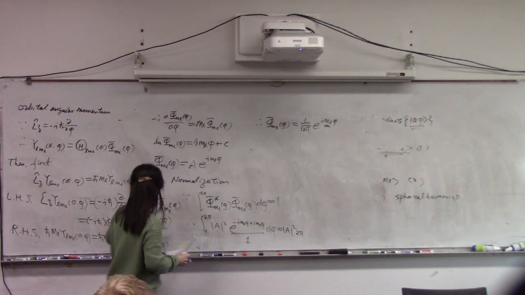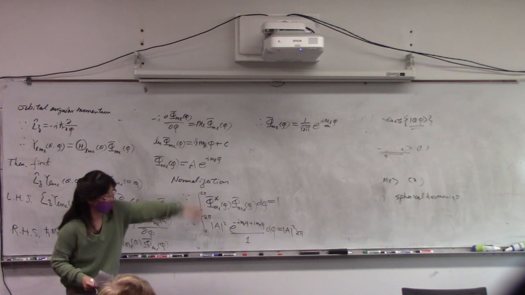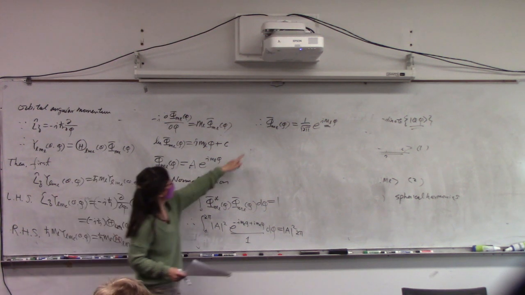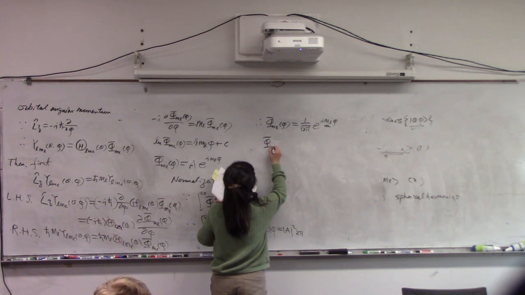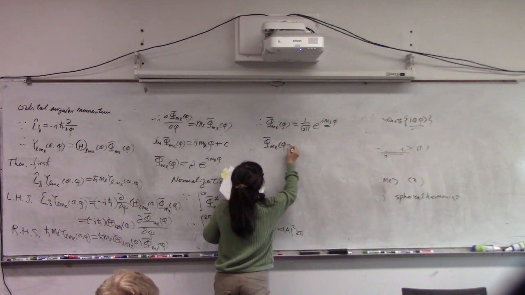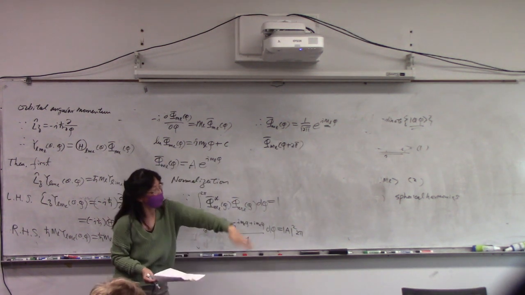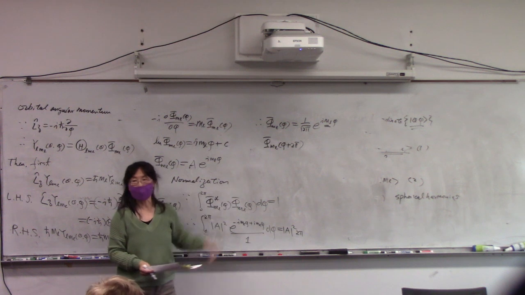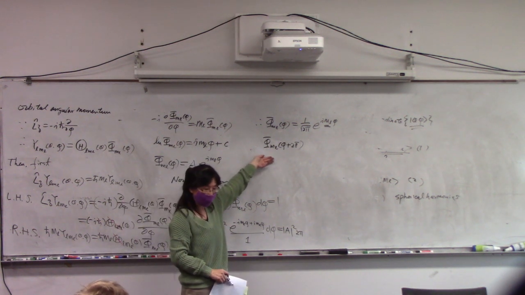You see here, because phi goes from 0 to 2 pi, that is a rotation, right? So this function is a function of this. How about this one? If I rotate by a given angle and rotate one full circle, is that equal to the original? This is an eigenstate, right?